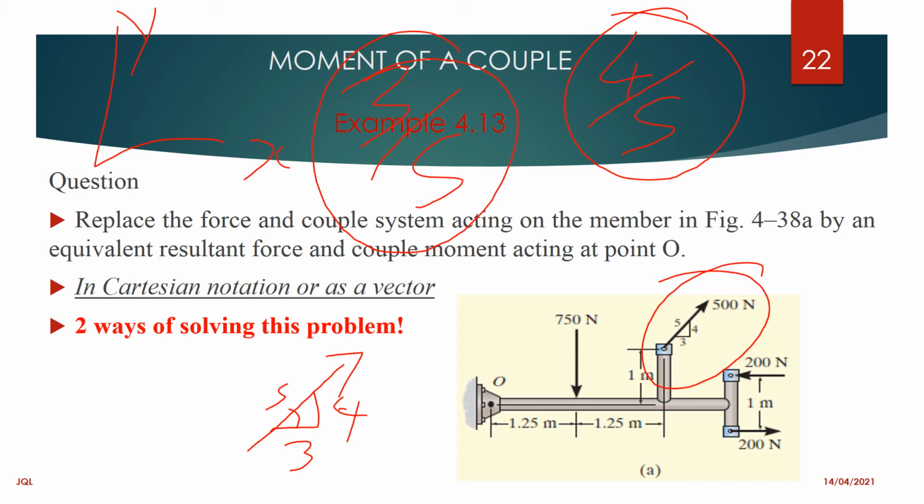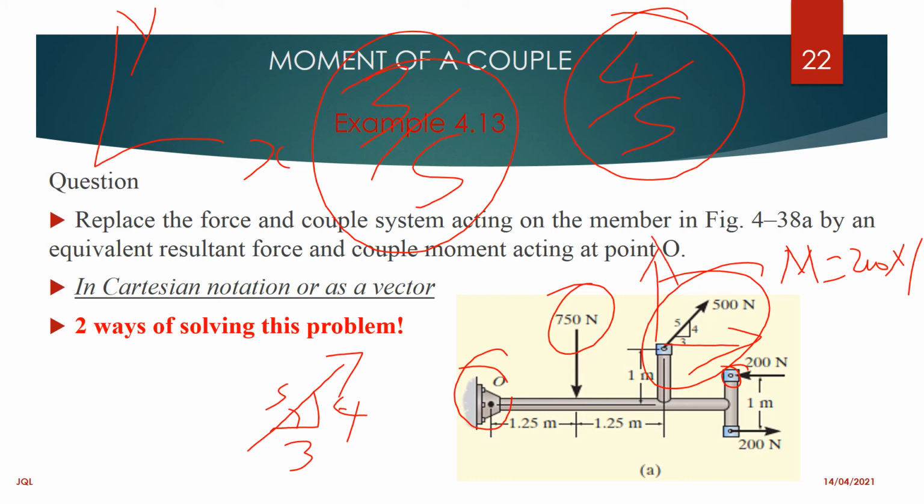Here is the same principle. You can start from here, 200, you want to get your moment, that is 200 by 1. Then you get another moment, 1.25 times that, and this one has 2 components, one going there and the other going there.